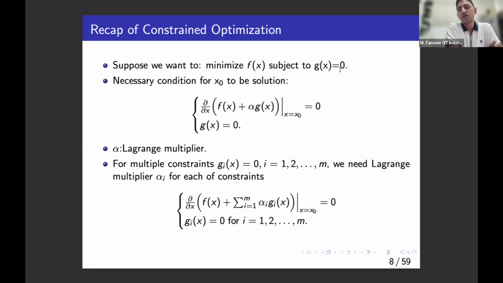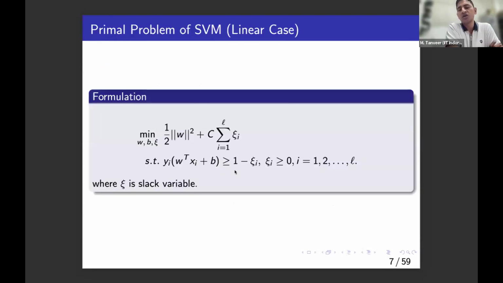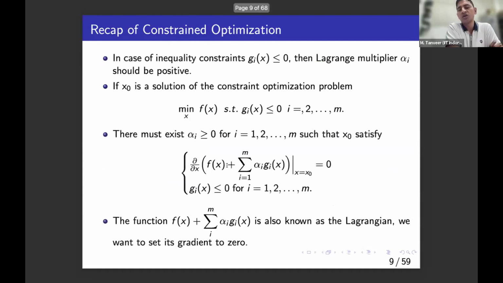So what happens if we have inequality constraints? In the case of an inequality constraint, the Lagrangian multiplier should be non-negative if x naught is a solution of the constrained optimization problem, like minimizing f(x) subject to the constraint g_i(x) less than or equal to 0.